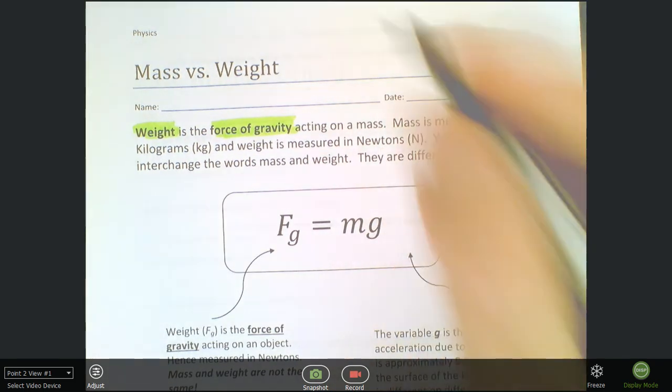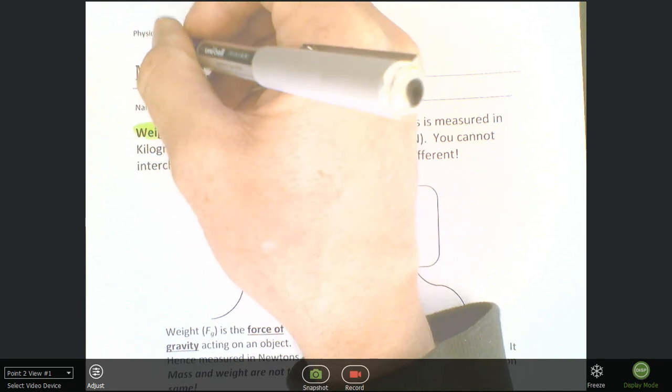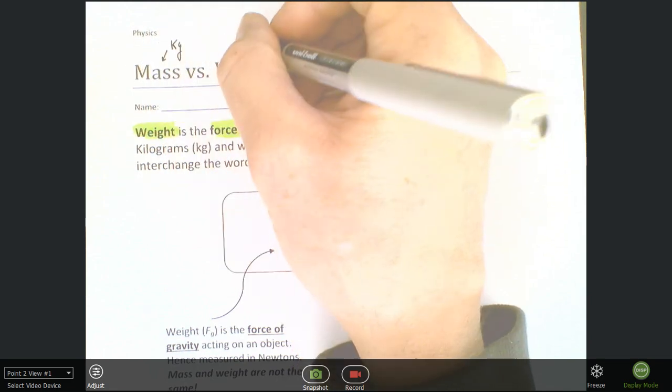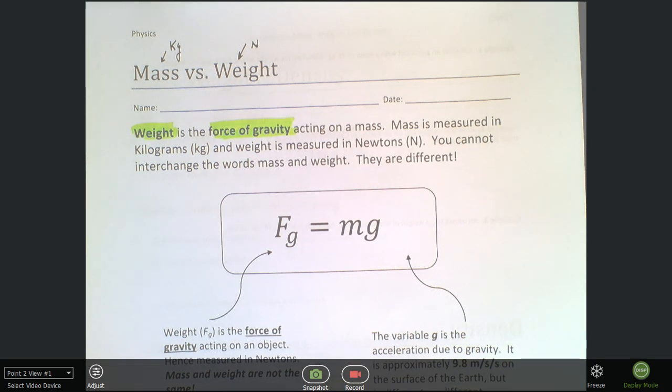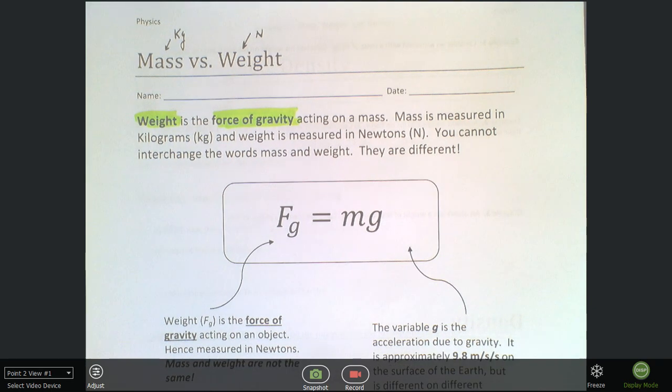So mass is in kilograms and weight is in newtons. They are not the same thing. You should not interchange those words at all. You cannot interchange the words mass and weight. They are different. One is a factor or a scale of the other one.